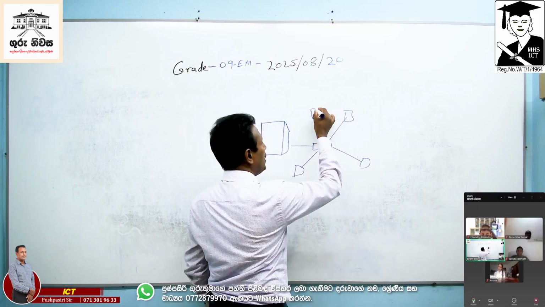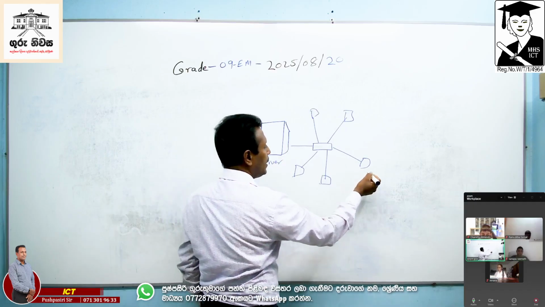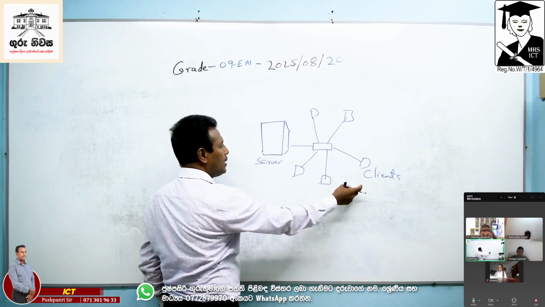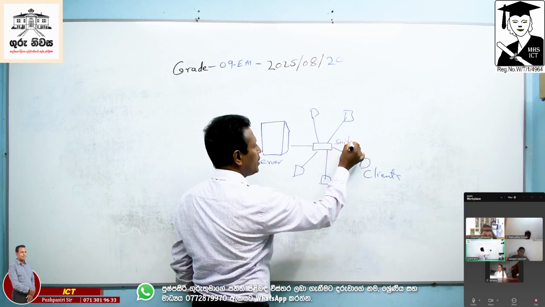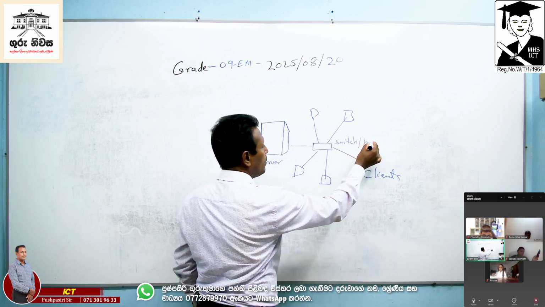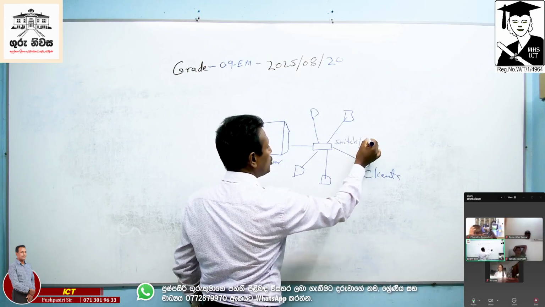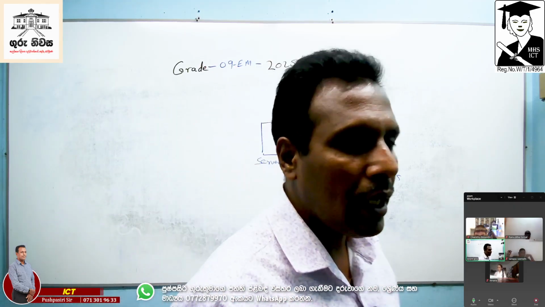These are clients and this is the server. So these clients are connecting to this one, which is called a switch, or we can call it a hub. Right? Hub. Then මේ දෙකෙන්ම කරන්නේ එකම කාර්යය.